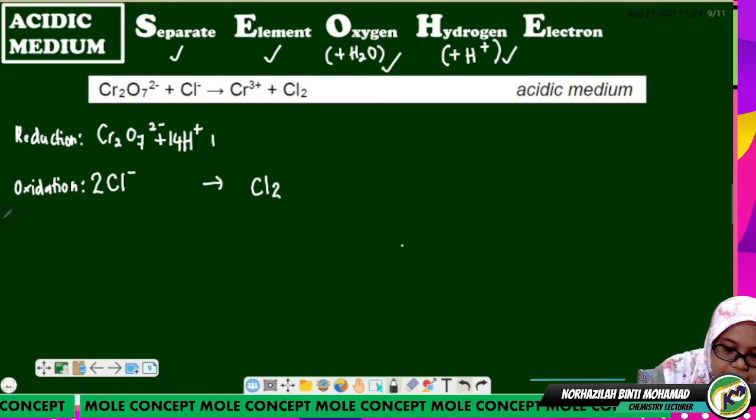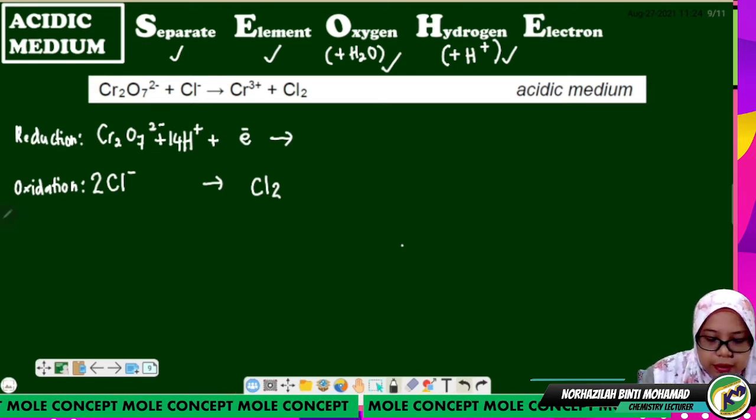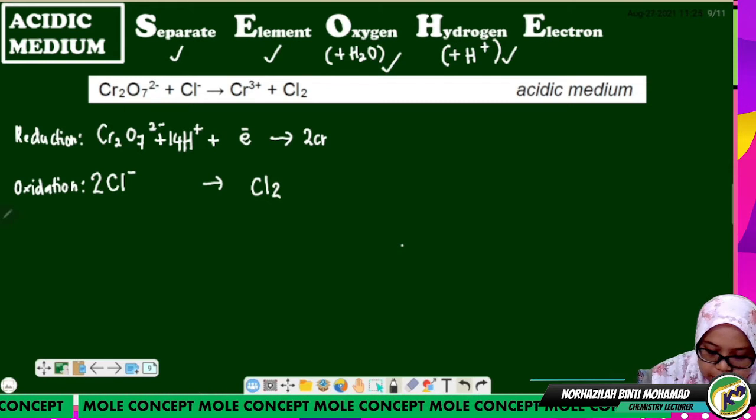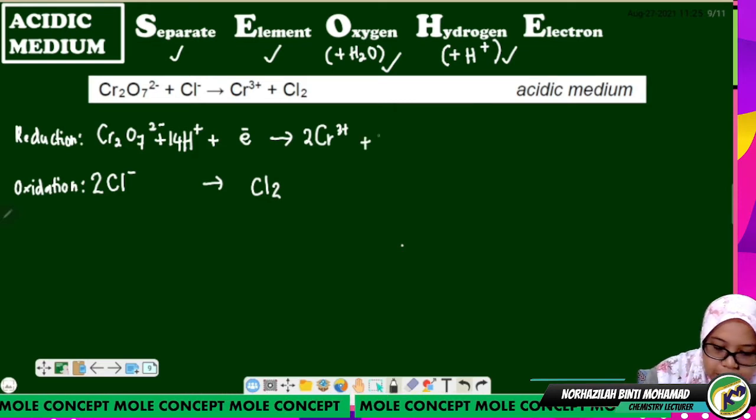The electron is on the left side, but we don't know the number of electrons yet. Just now I have 2 Cr3 plus 7 H2O.